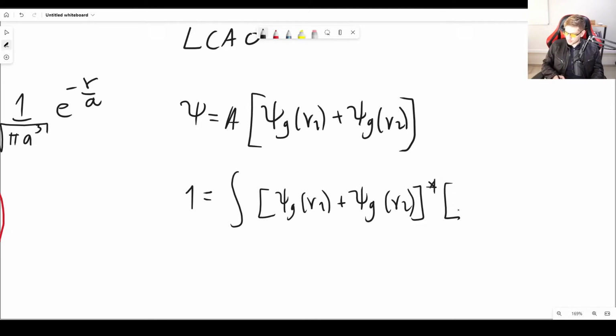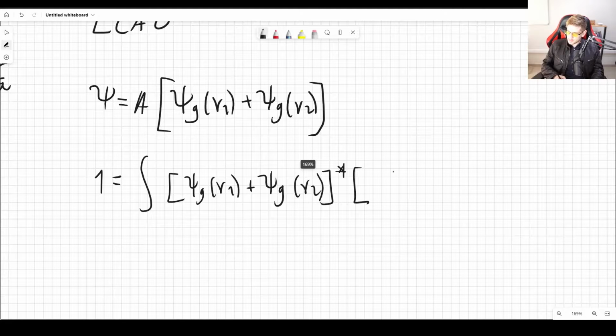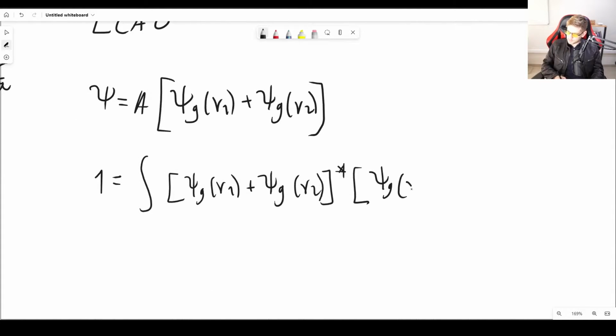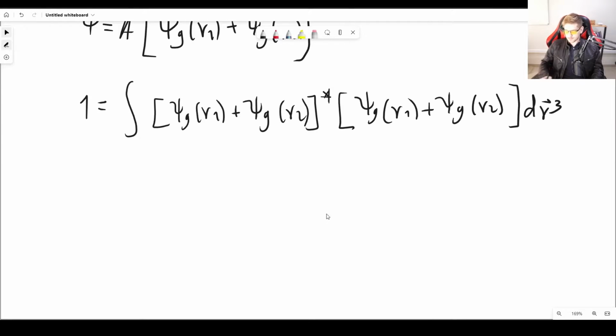And now the exact same thing, but normal. So psi g R1 plus psi g R2, d R3, of course. Okay. Now we multiply through. And by the way, of course, don't forget the A squared.